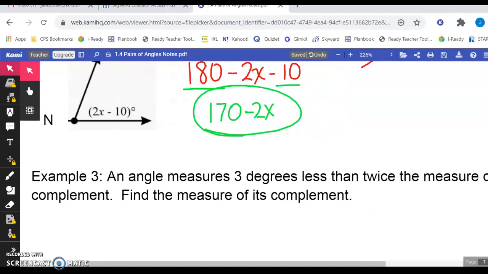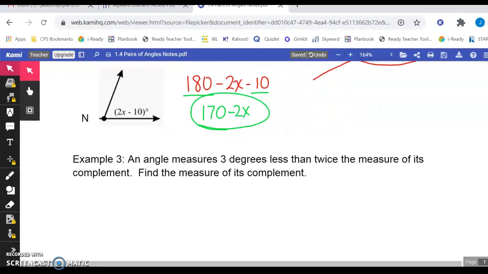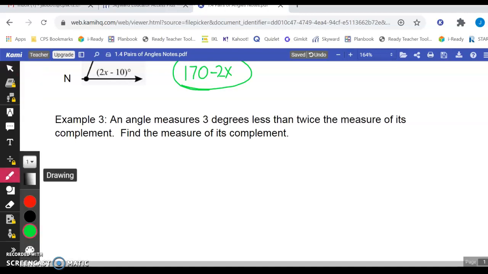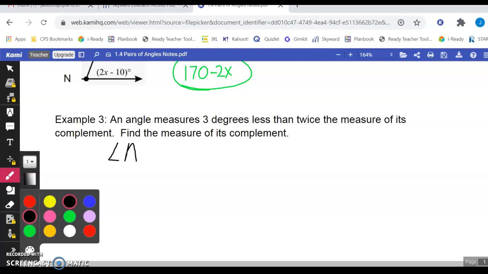Next, for example 3, we have to find an angle that measures 3 degrees less than twice the measure of its complement, and find the measure of its complement. So let's say angle A is x degrees, and the other angle is 3 degrees less than twice the measure of its complement.